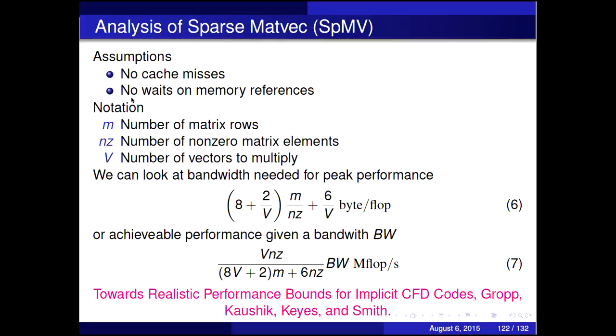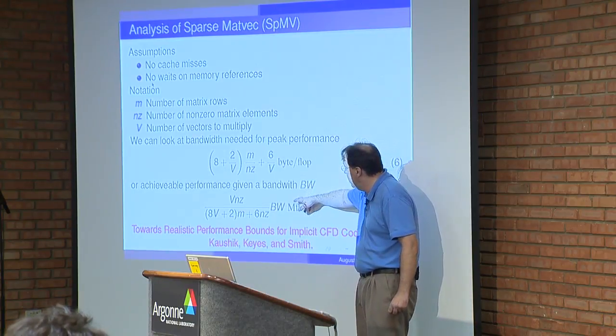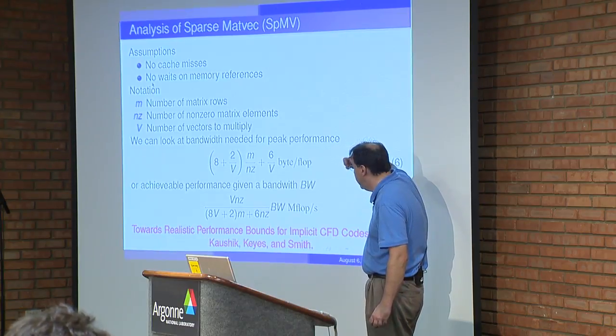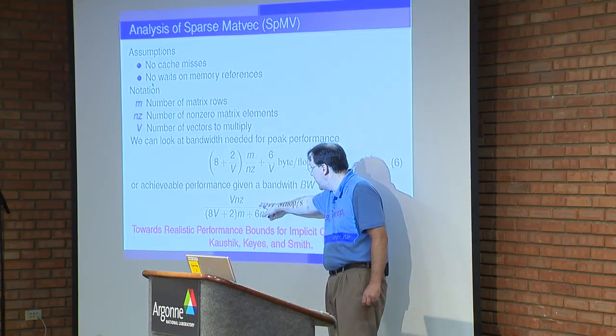And then you can make some assumptions about the caches and so forth to simplify your model. And then you can end up with formulas. So an example down here is the potential upper bound that you can get based on a given bandwidth. Now in this case, V is the number of vectors that we're multiplying at the same time.